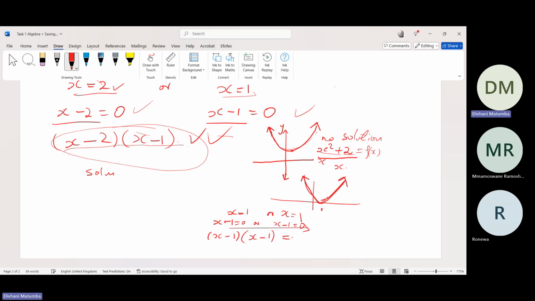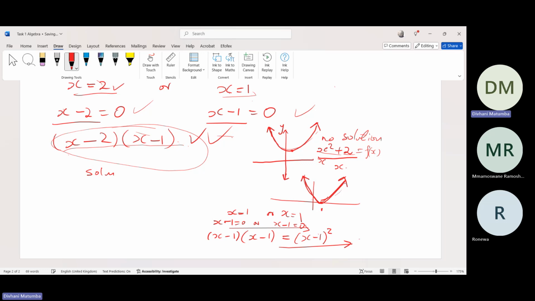Do you agree that this can be expressed as x minus 1 squared? So this is the second observation that you will see, that all the square binomials cut the x-axis at one point.